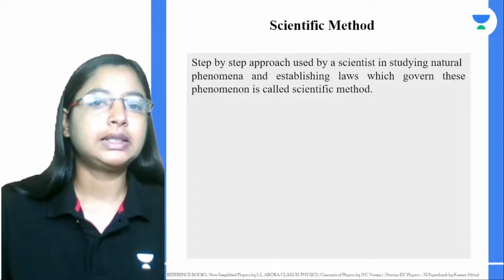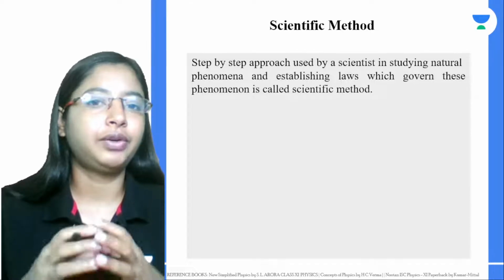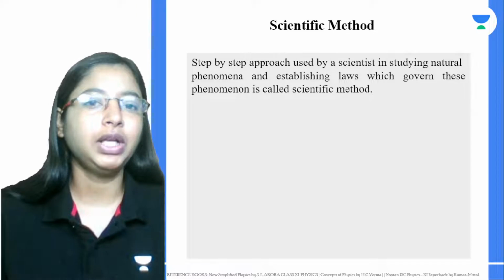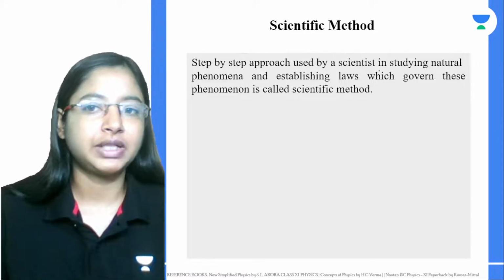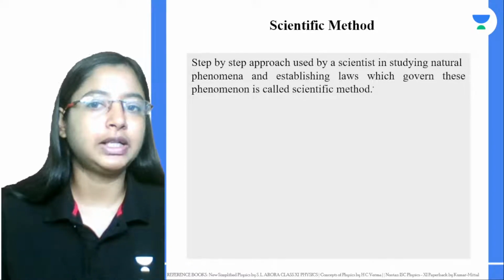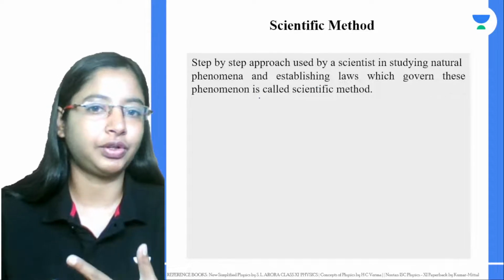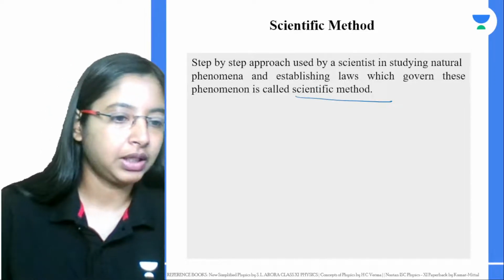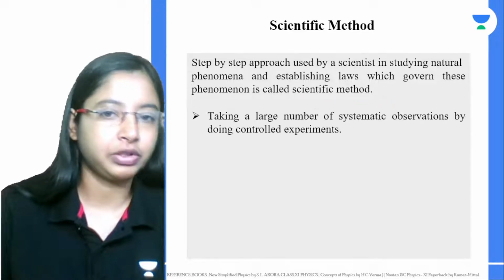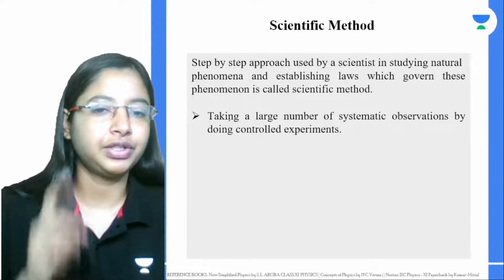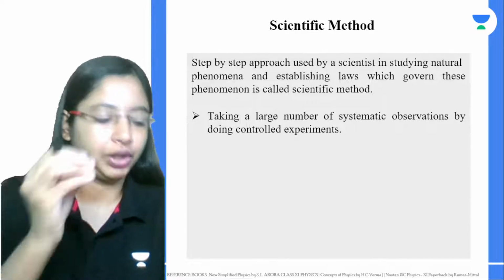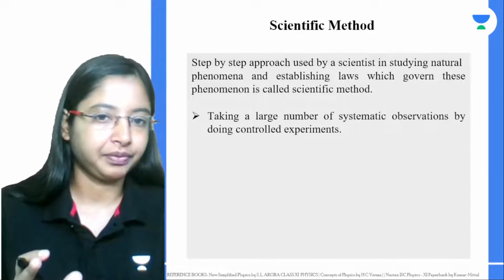Now, a scientific method has a step-by-step approach. The step-by-step approach used by scientists in studying natural phenomena and establishing laws which govern these phenomena is called the scientific method. So what is this step-by-step approach? The first step is to undertake scientific exploration by doing a controlled experiment.